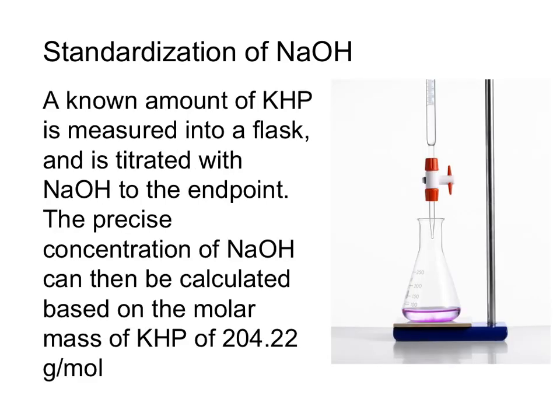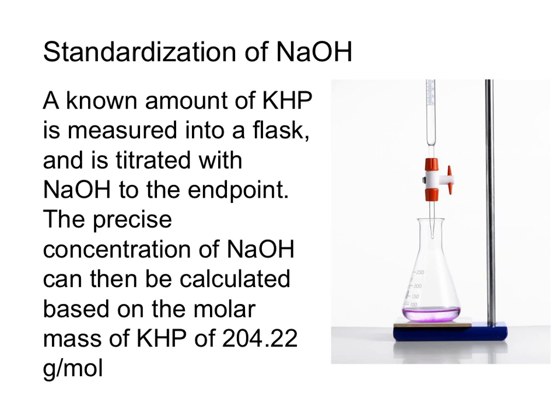In order to perform a standardization of sodium hydroxide, we dissolve a precisely known amount of KHP in water in an Erlenmeyer flask. We have the base, the NaOH, that we're trying to find the concentration of in our burette, and we slowly add that to our KHP until we reach our pink phenolphthalein endpoint.